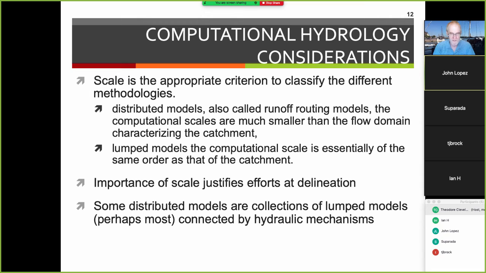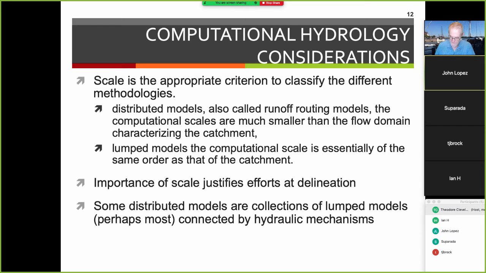The importance of scale, in one sense, justifies efforts at delineation of knowing where the watershed is and is not, especially if we're going to consider saturation excess conditions, because at that point we very much have to have an accurate representation of the watershed area. Some distributed models are collections of lumped models. In fact, I would argue that most are, that are connected by hydraulic mechanisms.